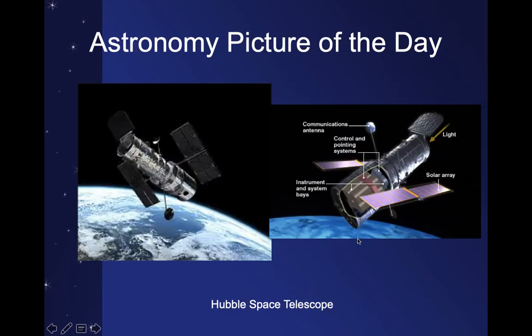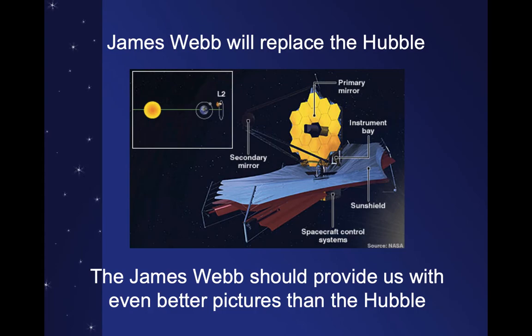The Hubble is, I don't know, like a few hundred years old. Anyways, the James Webb was supposed to launch, I believe, in 2018, and I don't think they've launched it just yet.